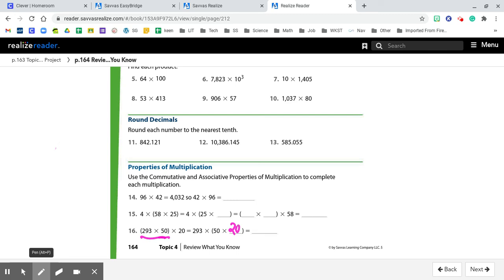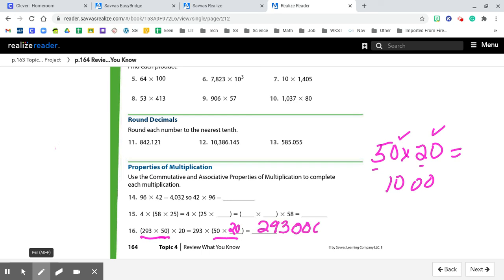And 50 times 20 is something you should be able to do in your head because you know 5 times 2 is 10, and we just annex 2 zeros. So 50 times 20 is 1,000. So 293 times 1,000, you would write 293 and annex the 3 zeros.